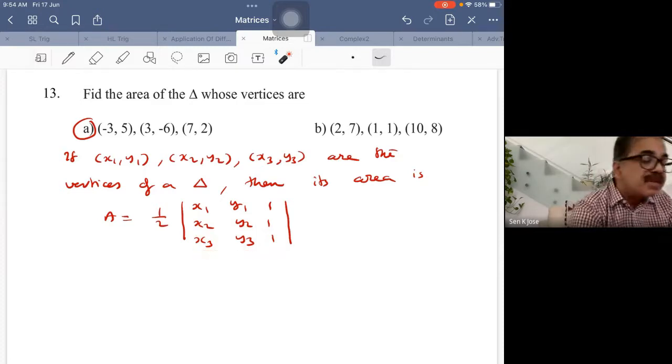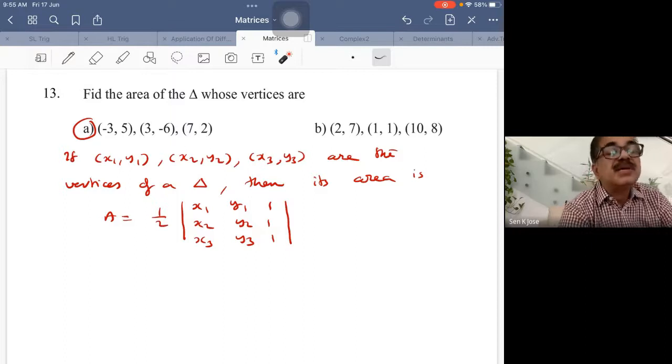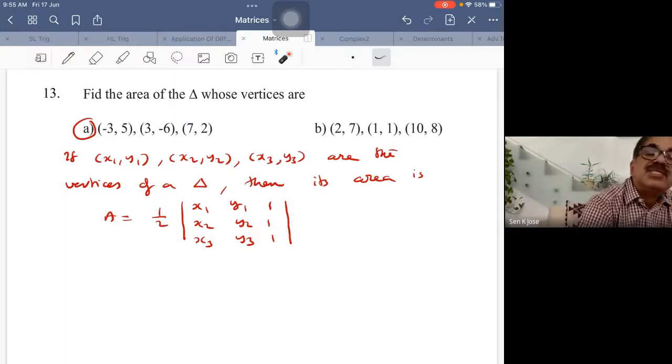It's pretty simple. Half into x1, y1, 1, x2, y2, 1, x3, y3, 1. That's the area of a triangle using the determinant method when the three vertices are given to us.